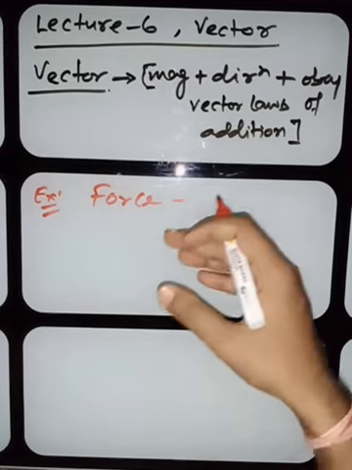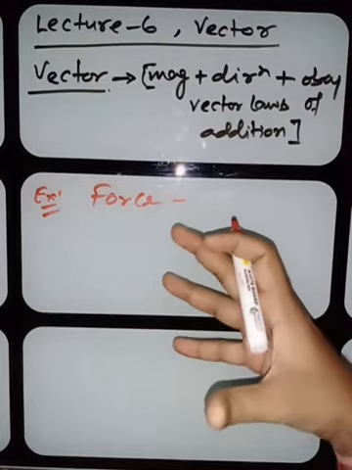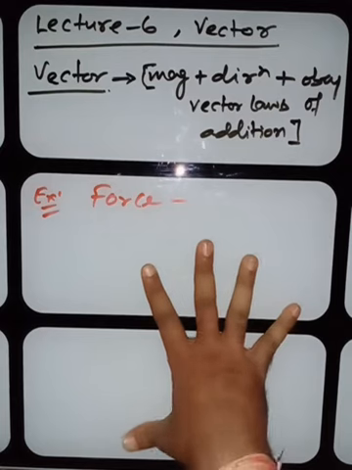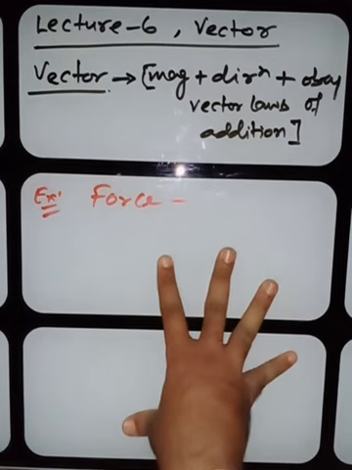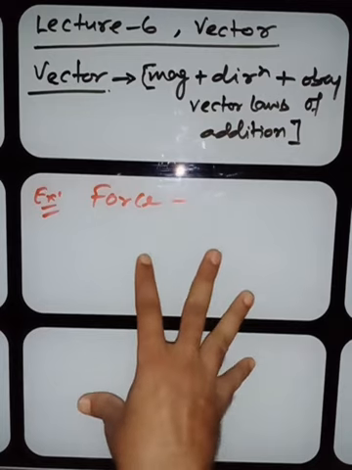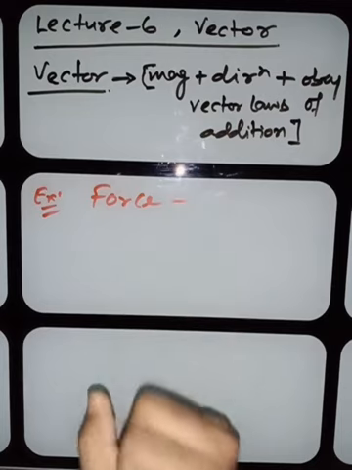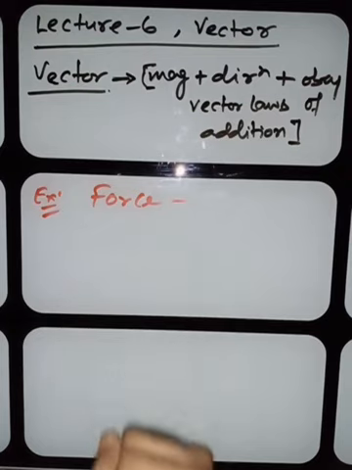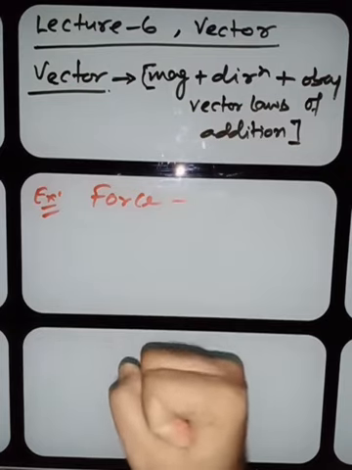When you talk about force, say 50 Newton is applied. Okay, I applied 50 Newton over this board. It means the 50 Newton I am applying in a particular direction. If I punch you with 500 Newton, then in which direction I am punching you, it has a particular direction.